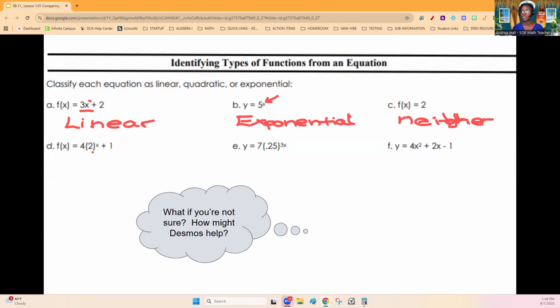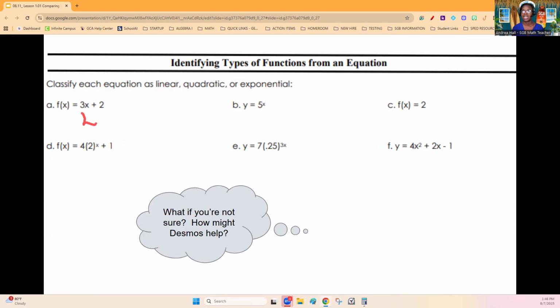4 times 2 to the x power. Wait, f of x equals 2. Let's see. I could actually graph a line with that. Hold on. All right, so this first one we said is linear because that's 3x plus 2.